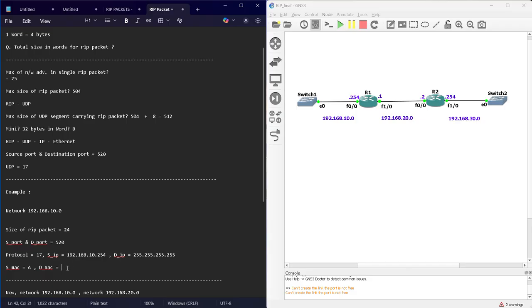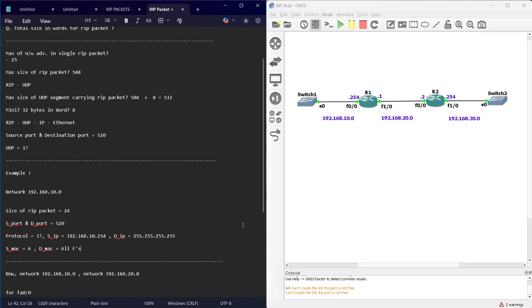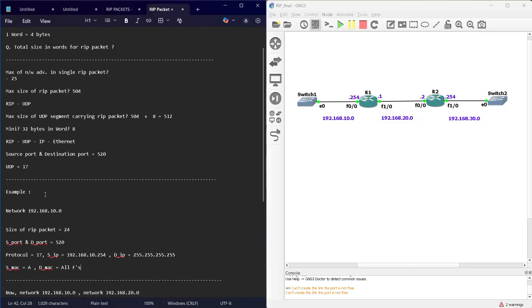The destination MAC will be broadcast, so all Fs that we will be using. Let's just name it all Fs for now. I was using this network only, so it was getting advertised by this FastEthernet only. Now let's suppose I'm advertising both of the networks.